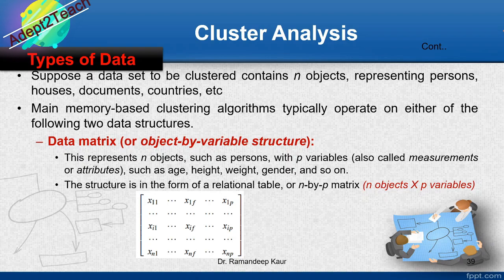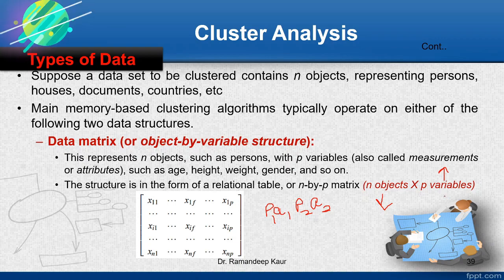I am taking n objects, that means n persons, and p variables, meaning different income and age groups. So I will have the first entry as P1A1, the second entry as P2A2, and so on, the respective values. If I have this type of matrix, then I will call it a data matrix, wherein I am using an object by variable structure.